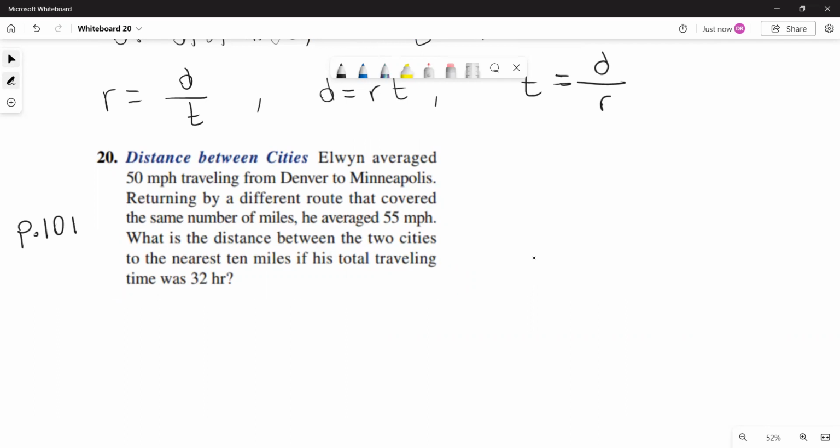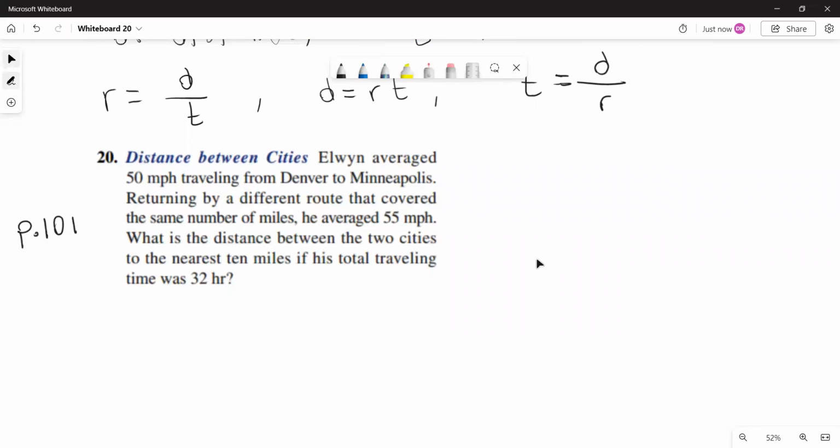Elwin averaged 50 miles per hour, traveling from Denver to Minneapolis. Returning by a different route that covered the same number of miles, he averaged 55 miles per hour. What is the distance between the two cities to the nearest 10 miles if his total traveling time was 32 hours?